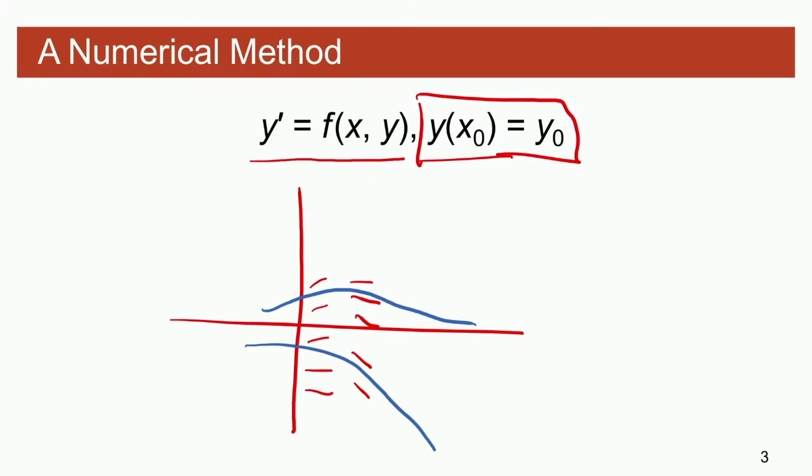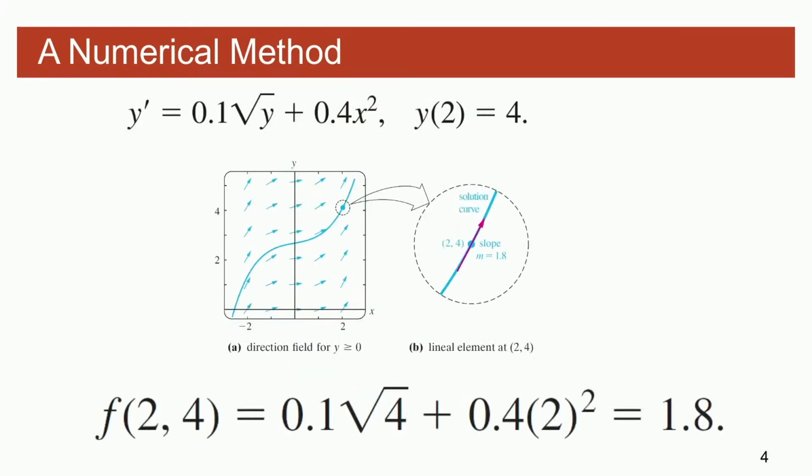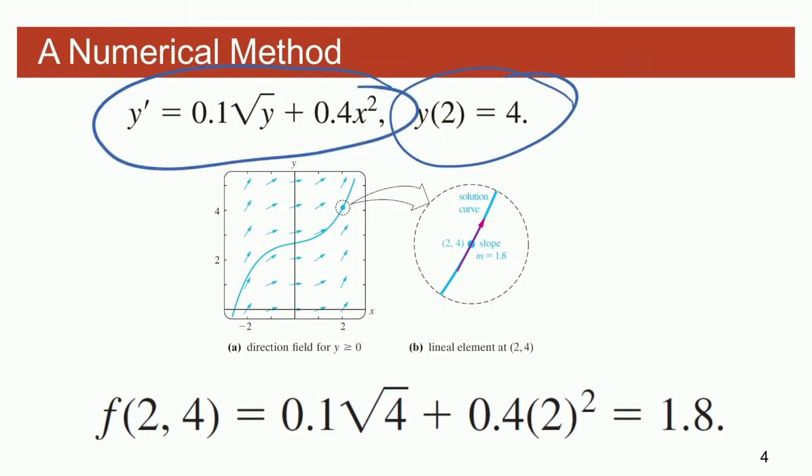Well, Euler's method, which is the numerical method that we're going to study now, is very similar to this. You have a slope field, and you're going to approximate your solution based on that slope field. So here's the idea: you have a differential equation and an initial condition.